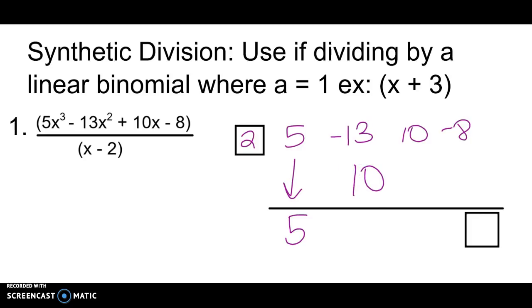You add down. So negative 13 plus 10 is negative 3. 2 times negative 3, negative 6. 10 plus negative 6, or 10 minus 6, is 4. And then 2 times 4 is 8. When you add those, you get 0.